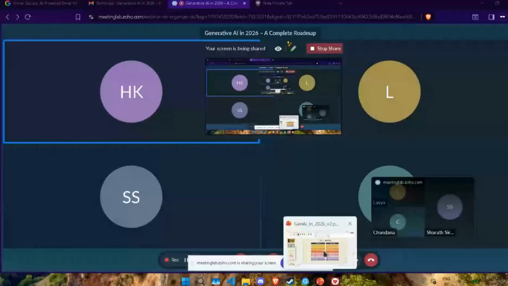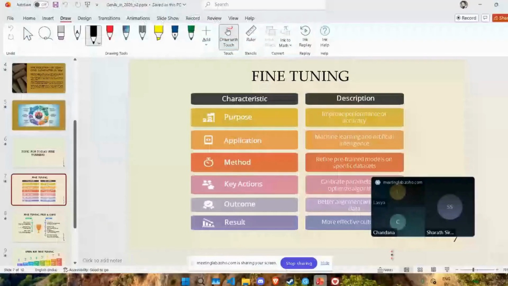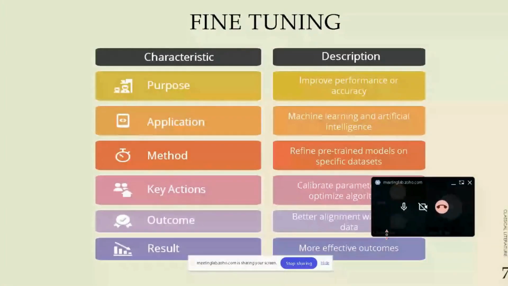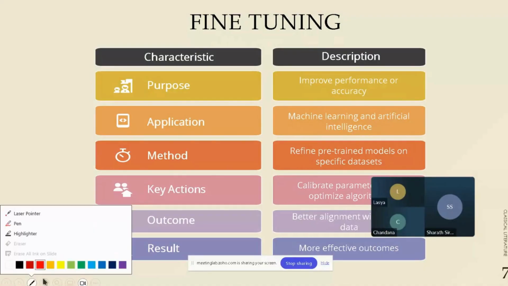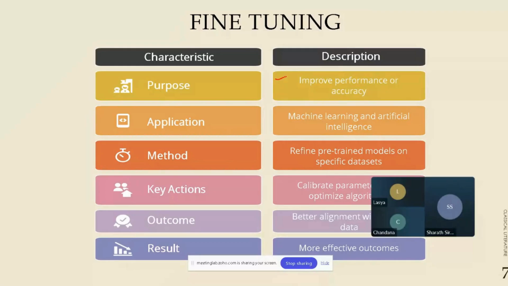So now we talk about the concept of fine tuning. Let me just talk about the basic theory. Fine tuning, as I already mentioned, is a concept in Gen AI where the purpose is to improve the accuracy of the LLMs, because I want the LLM to give a precise answer.